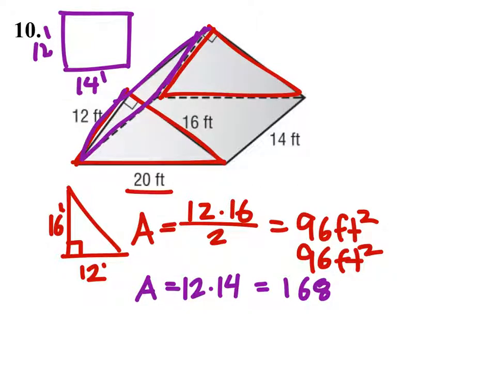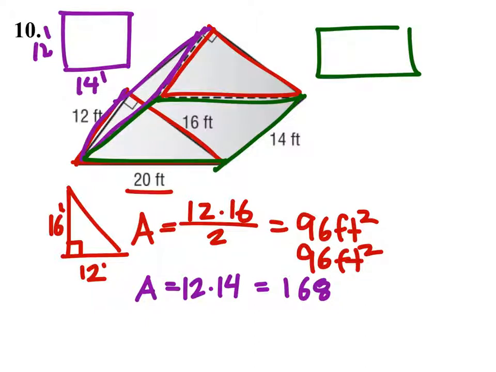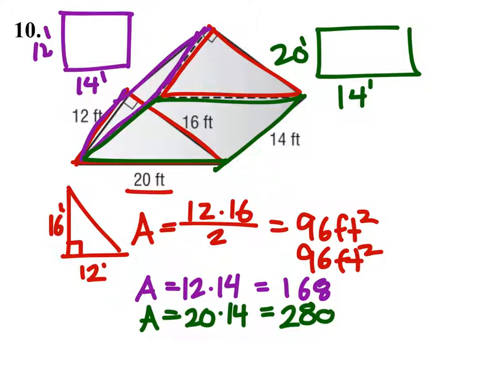Now I'm going to add that to those 2 red values, but before I do, let's go ahead and find this area. I'm going to call that the base, or the bottom. Again, this would give me another rectangle, but now it's a 20 foot by 14 foot rectangle. So when I want that area, I got 20 times 14, which is 280 square feet.